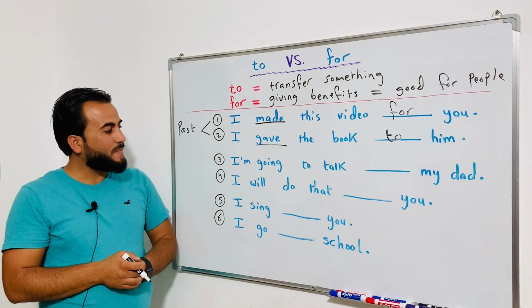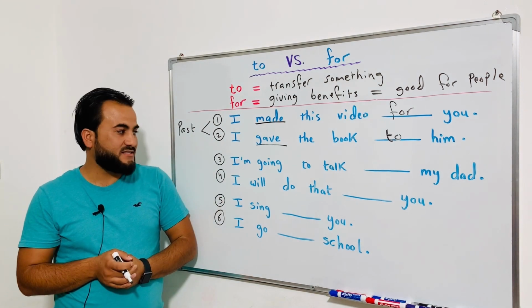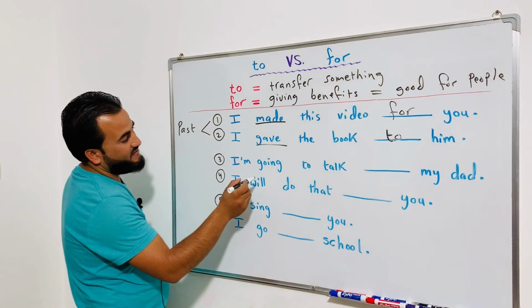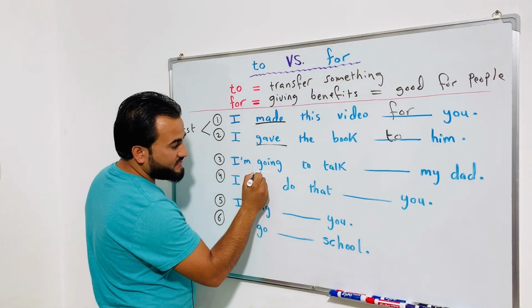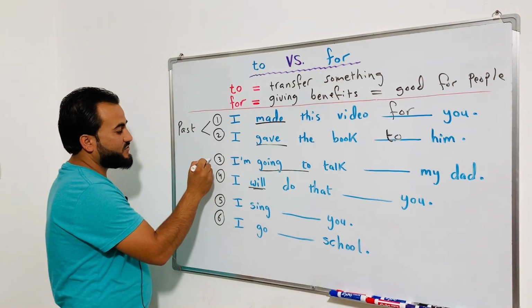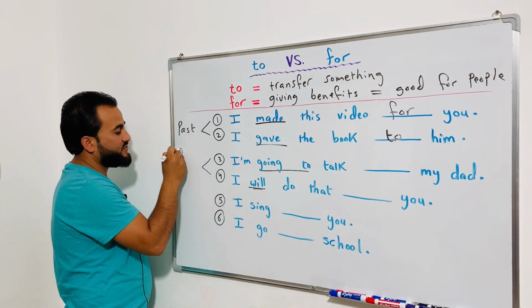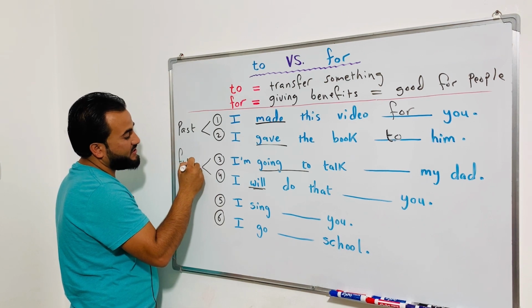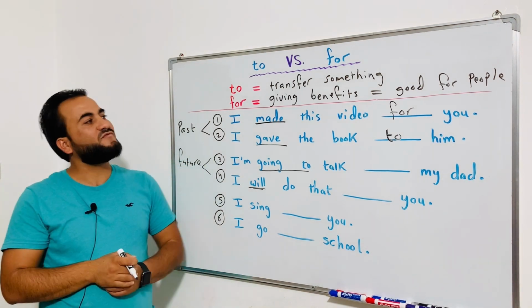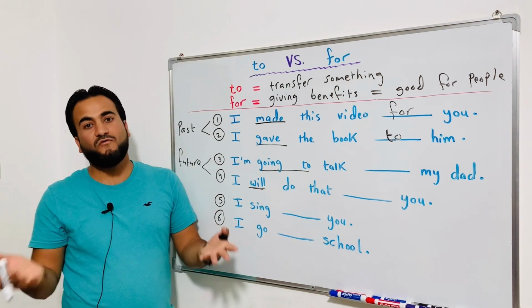Okay. 3 and 4. These two sentences are in the future. Okay. We have going to and we have will. So these two sentences are in the future. هدول الجملتين بزمن المستقبل. خلينا نشوف to or for.